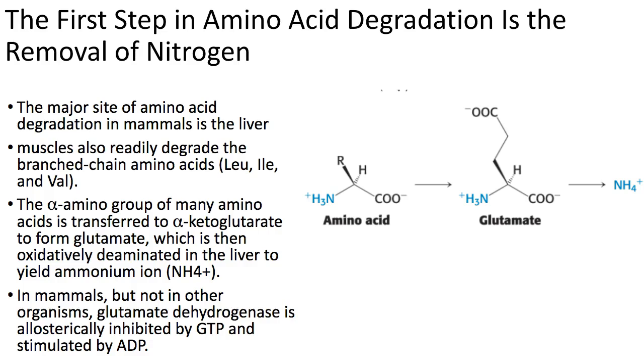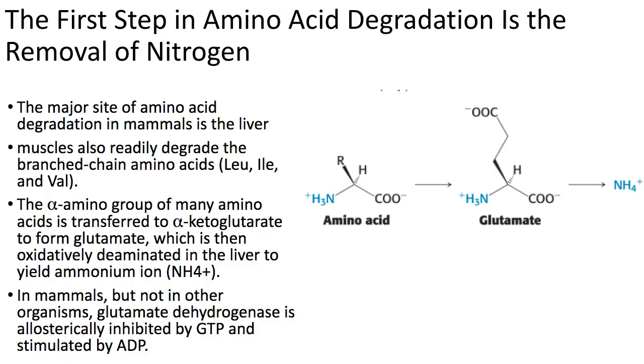So, as far as amino acid degradation, the first step is the removal of nitrogen. And this removal of nitrogen is done in the liver in mammals.